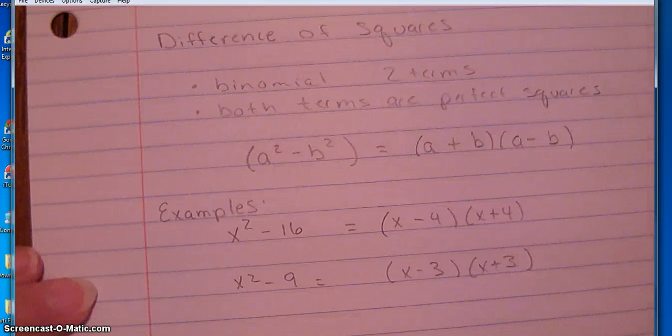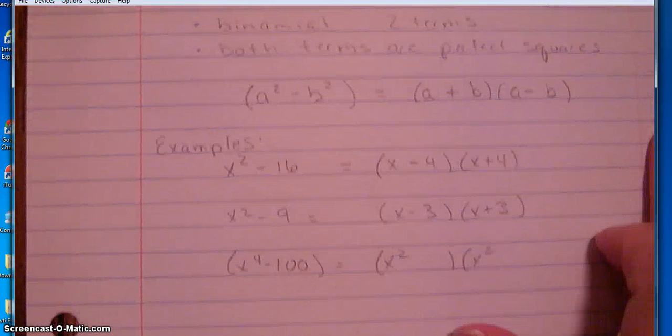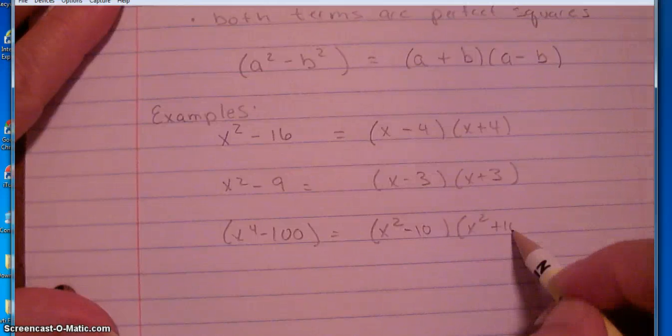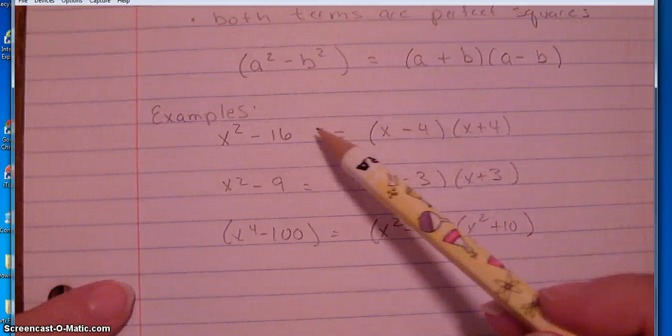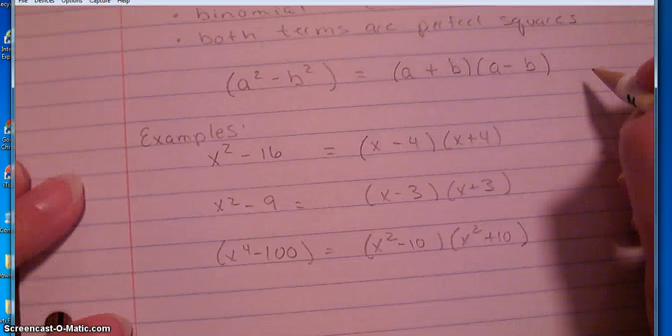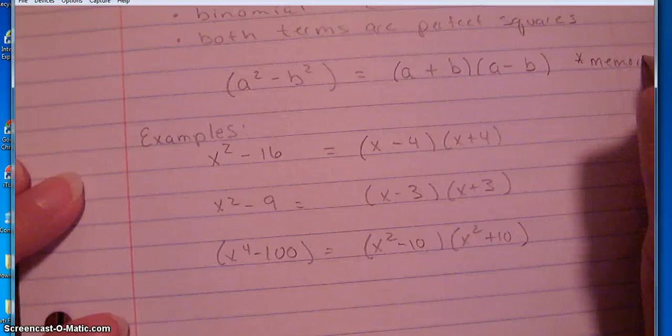We would have x to the fourth minus 100. The square root of x to the fourth is x squared, and the square root of 100 is 10, with minus 10 and plus 10. So all of these are a difference of perfect squares, and they can be factored using this formula. So you need to memorize this formula here.